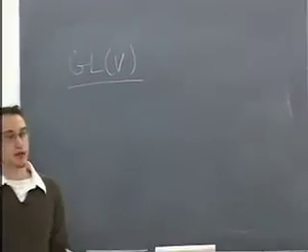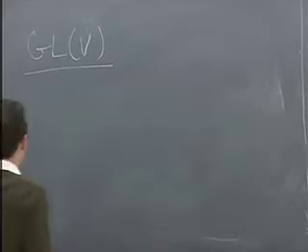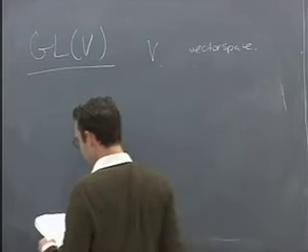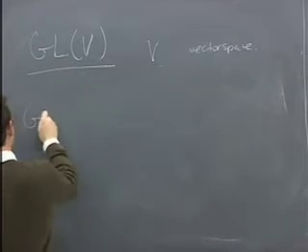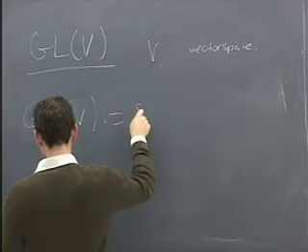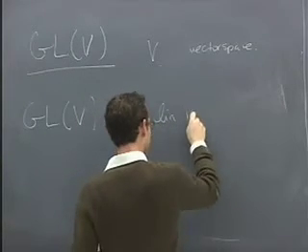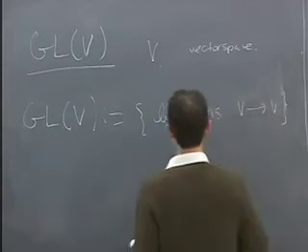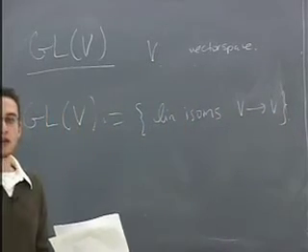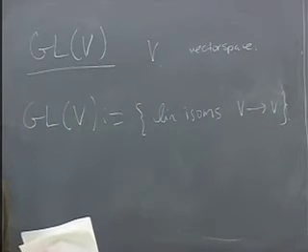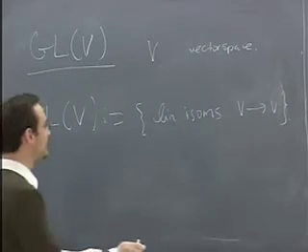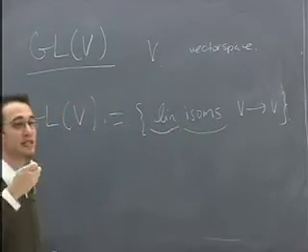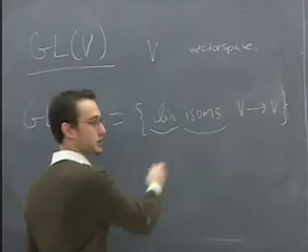So again, let's just start with some vector space V. Then we define GL(V) to be the set of linear isomorphisms from V to V. This is the analog of the automorphism group of a group, except that we demand something additional. We demand not only that this be a group isomorphism, but that it preserve the scalar multiplication. So these are linear isomorphisms.